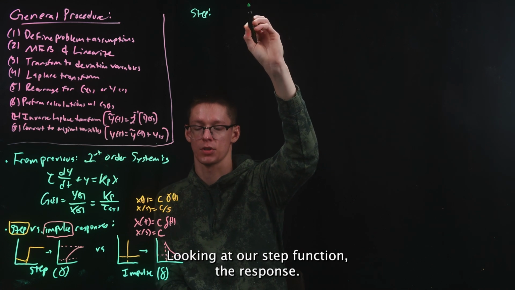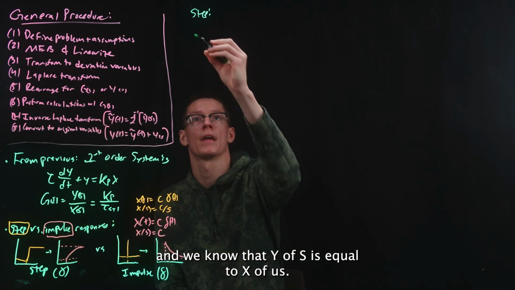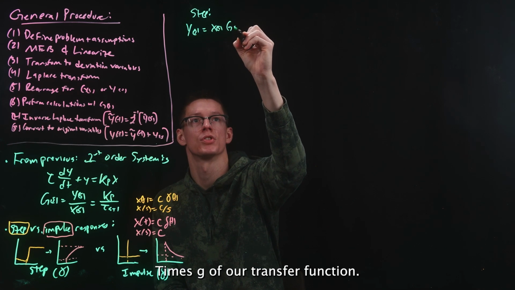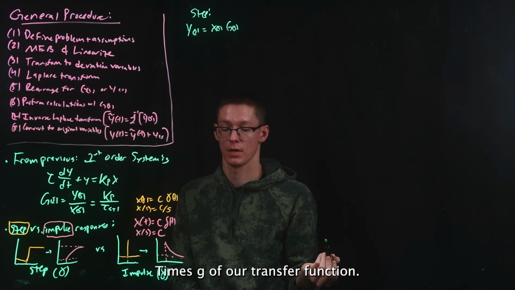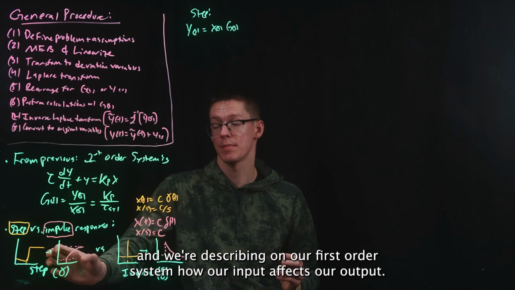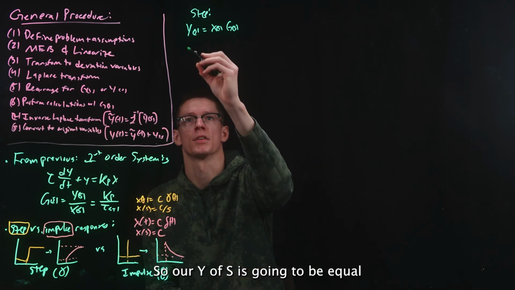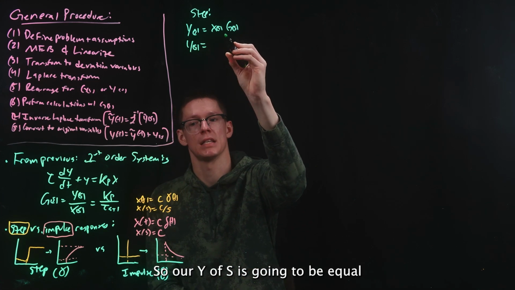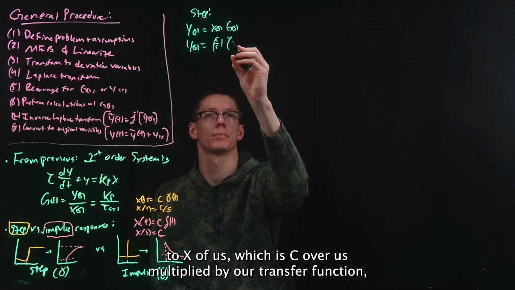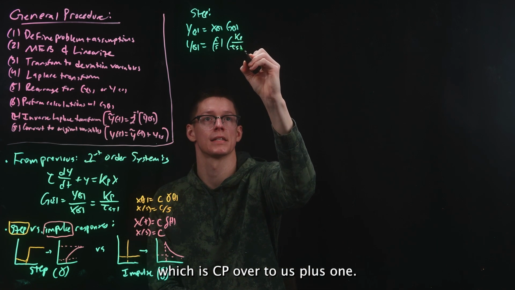So let's look at our step function first. Looking at our step function and the response, we know that this is based on our system already. And we know that y of s is equal to x of s times g of s, our transfer function. We're taking our first order system here, and we're describing how our input affects our output. So y of s is going to be equal to x of s, which is c over s, multiplied by our transfer function, which is kp over tau s plus 1.